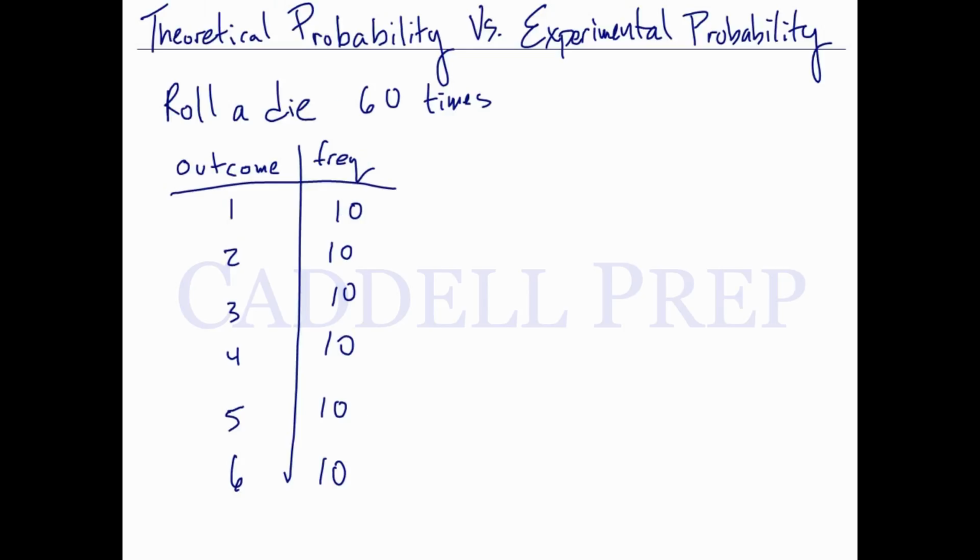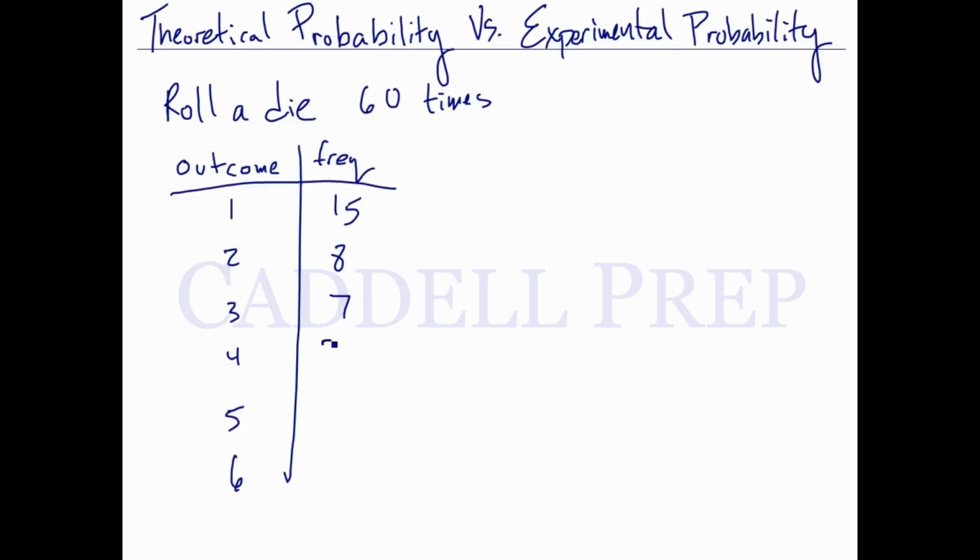Okay, but that's not always the case. So, for whatever reason, when the die was rolled 60 times, a 1, instead of coming out 10 times, came out 15 times. A 2, 8 times. A 3, 7 times.